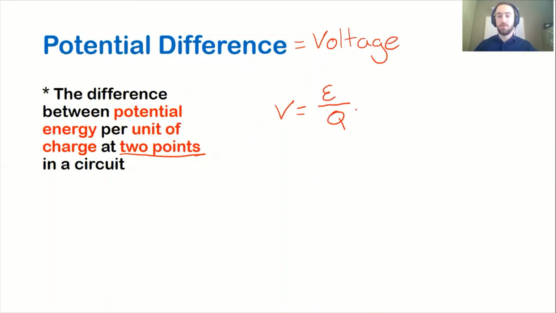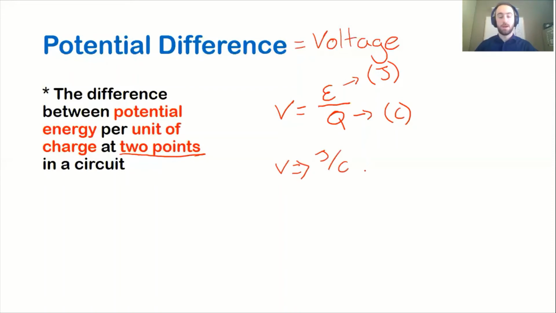So these terms we've known before. Q is our total charge, and that's measured in coulombs. Energy, we haven't talked about much before, but energy is measured in joules. So the units for voltage are simply joules per coulomb.